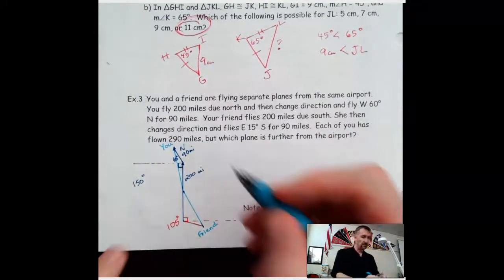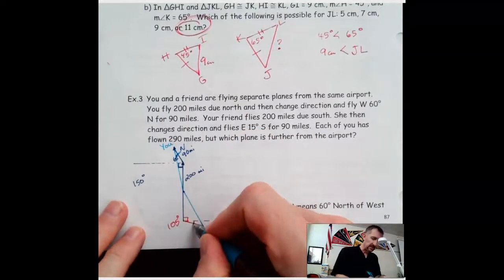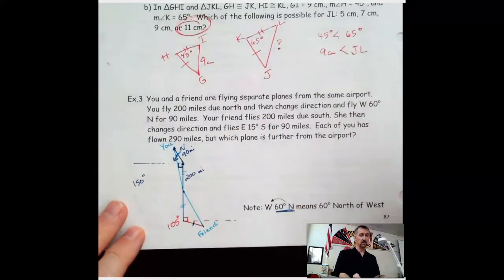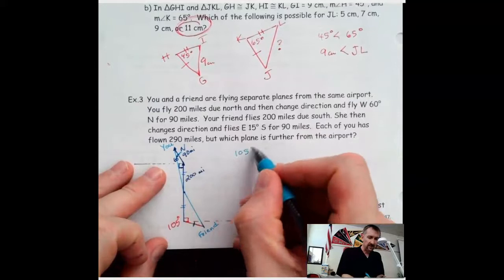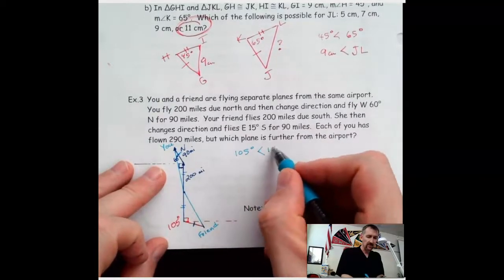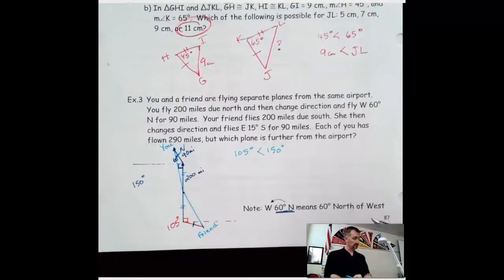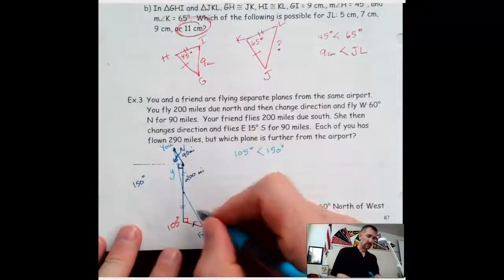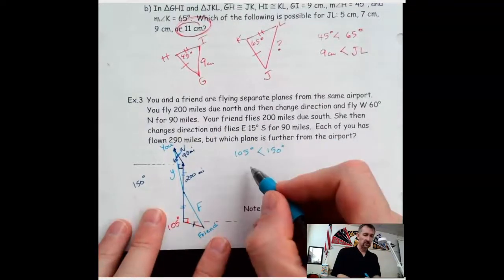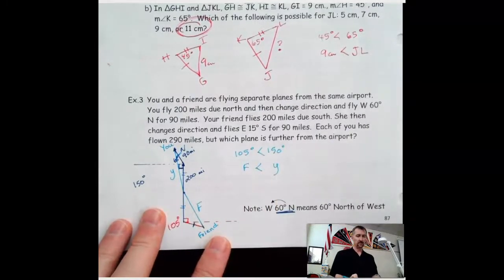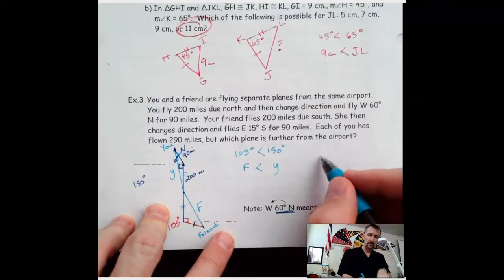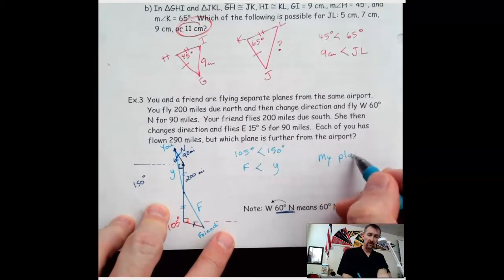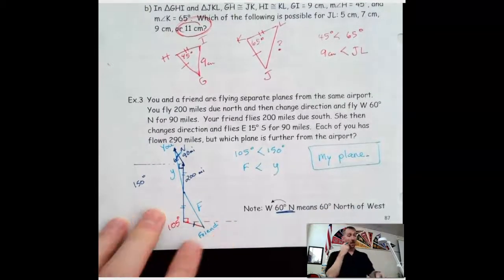Okay, so this side equals this side, that's the 90s, and this side equals this side, that's the 200s. But 105 is less than 150. This is you, this is your friend. So your friend went less than you. So my plane is farther. All right?